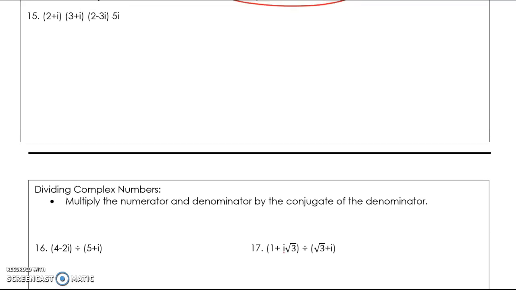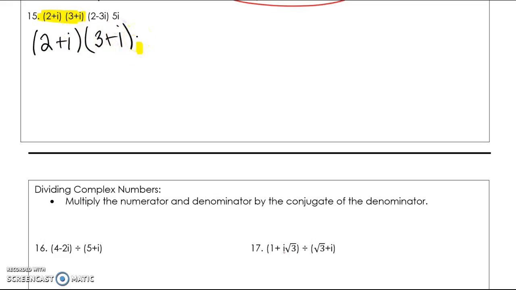And guys, this next one, oh man, this is going to be a doozy, I tell you. Let's start off by just doing the first two parts right up there. So let's just multiply those two together. So I have 2 plus i times 3 plus i.